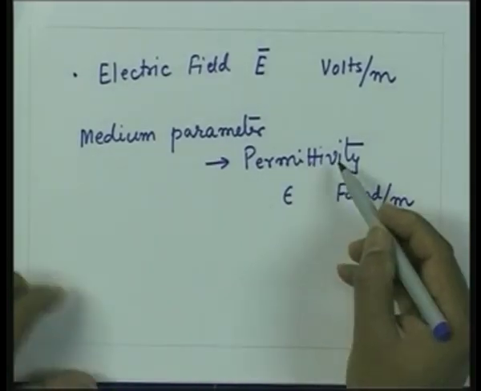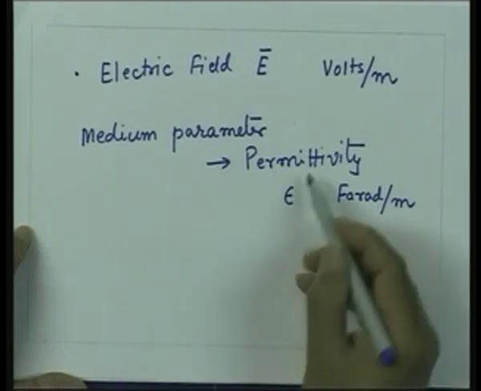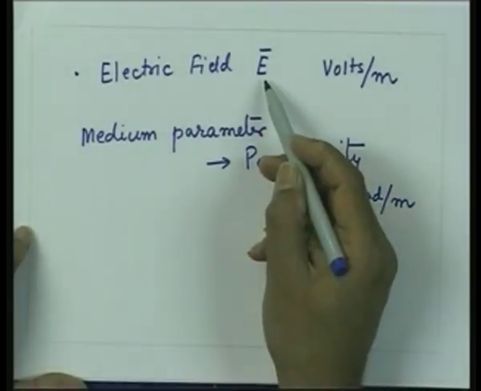So, if the medium parameter changes, the permittivity of the medium changes, and because of that the electric field measured at that point changes.